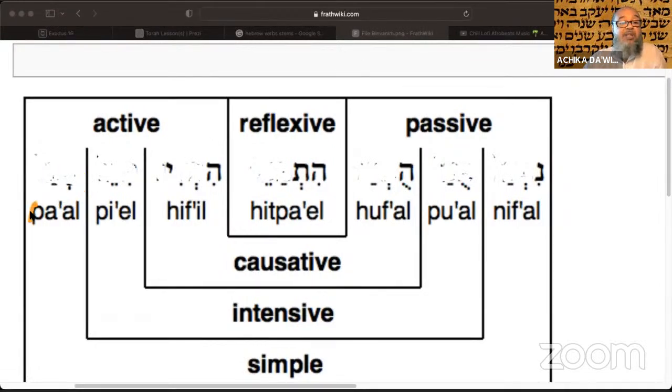So once I get rid of that letter, the pa'al, to get this, I just took those letters out. So all that's left is this. What's left over here? I still got the H. And I got the I. That's still there.